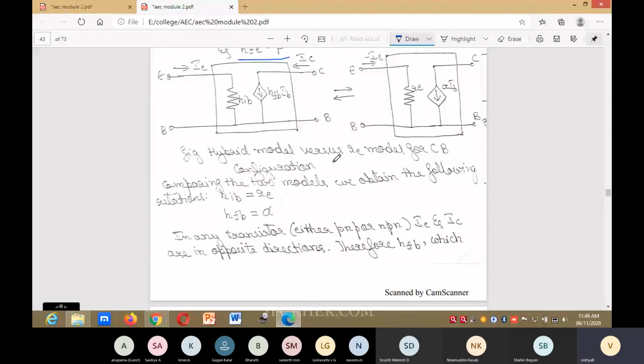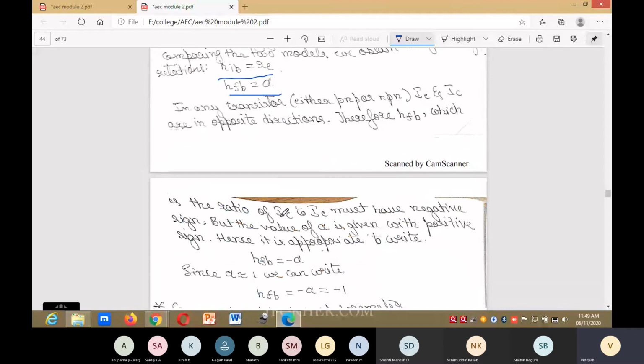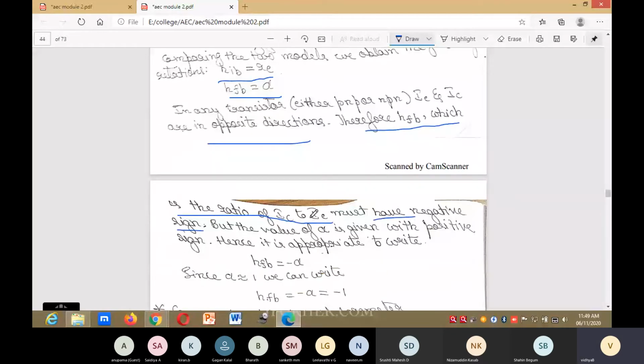When you take CB configuration, HIB is equal to what? IE. HFB is equal to what? Alpha. Okay. In any transistor, either PNP or NPN, IE and IC are opposite, so HFB, which is the ratio of IC to IE, must have a negative sign.